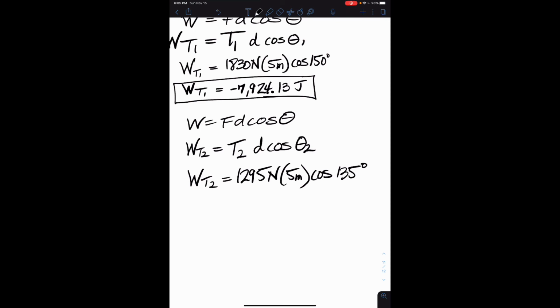What is that mess right there? That's going to equal negative 4,578.52 joules.